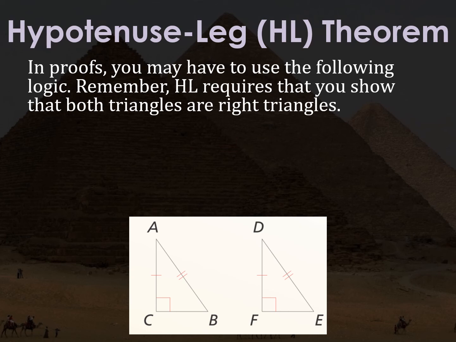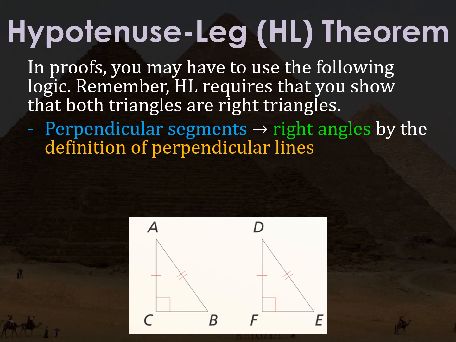So when you're using HL in proofs, you'll have to use the following logic. HL requires that you show that both triangles are right triangles. So that's one of the three parts. So if you have perpendicular segments, here's the path you will have to write. Perpendicular segments mean right angles by the definition of perpendicular lines.